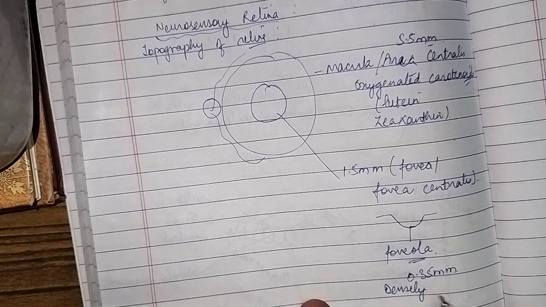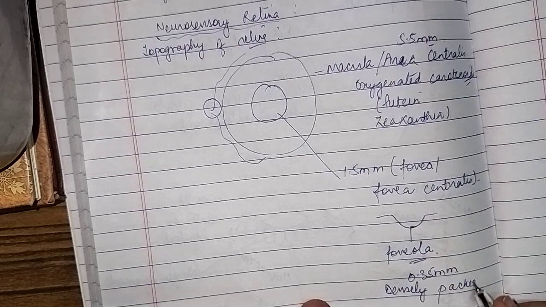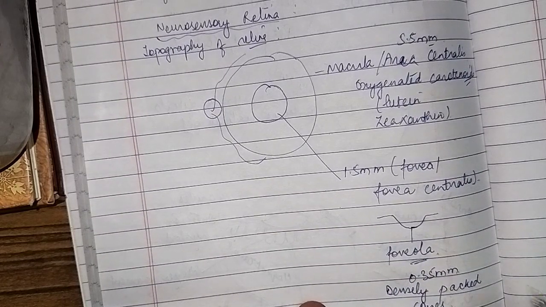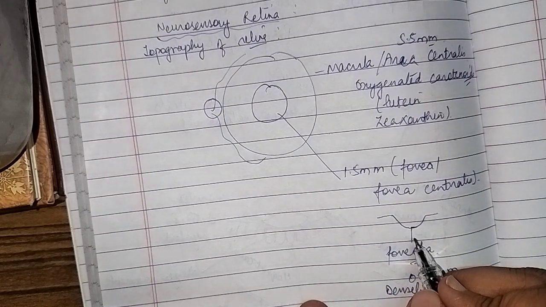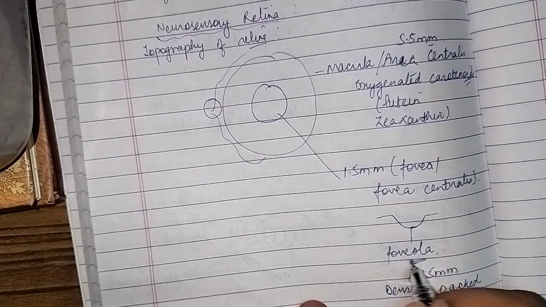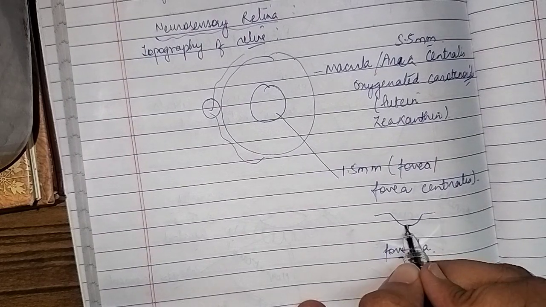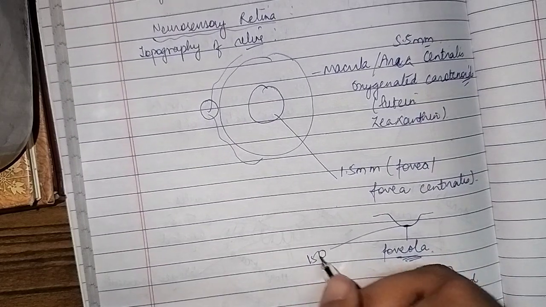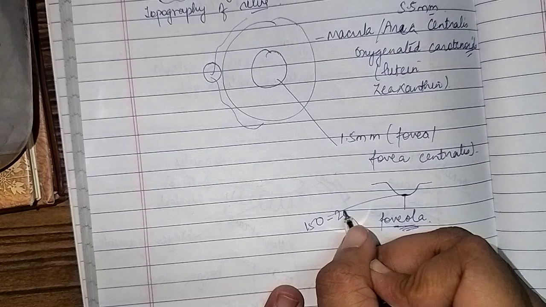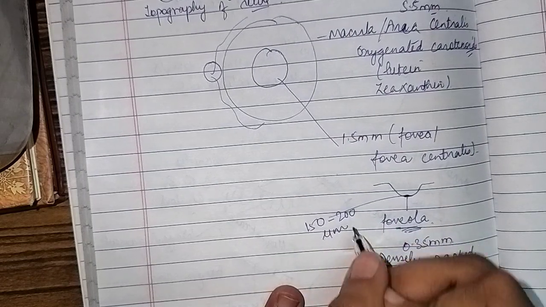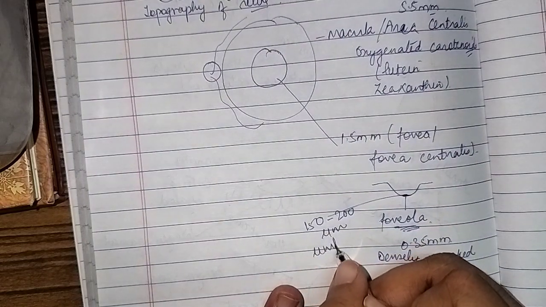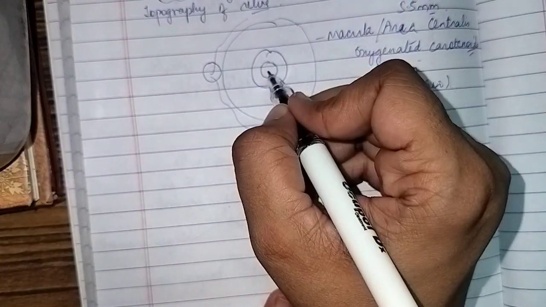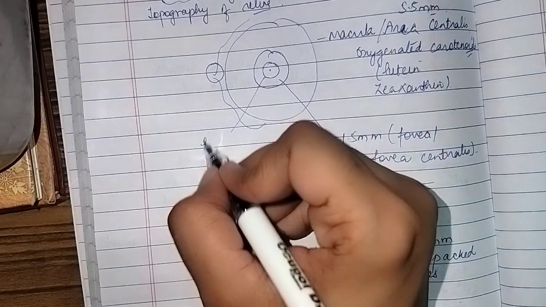Now at the center of the foveola is a small depression, 150 to 200 micrometers in diameter, and this is called the umbo. So: foveola, umbo.